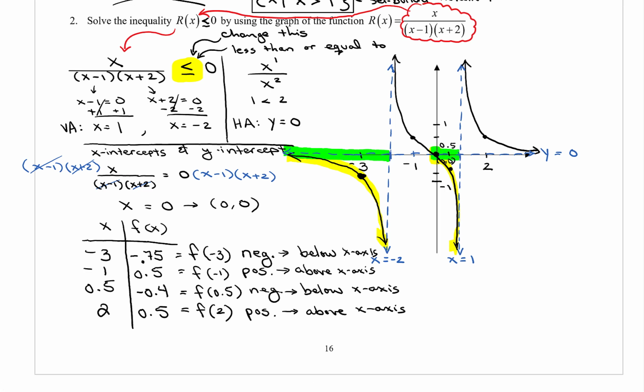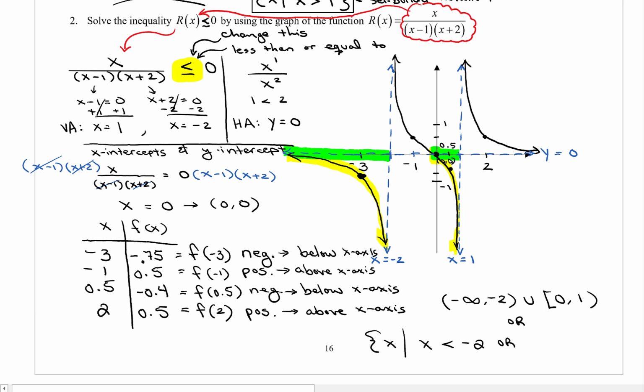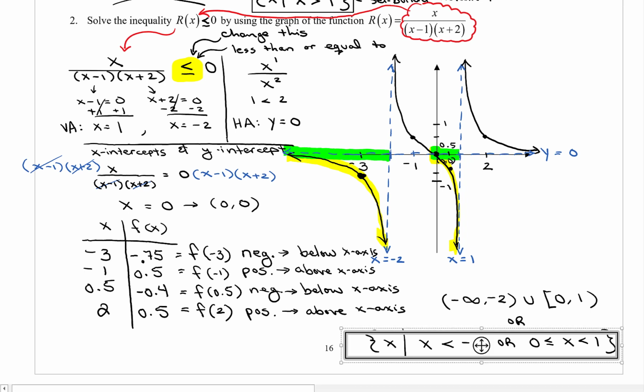So it looks like my final answer here is going to be the open interval from negative infinity to -2, union the half-closed interval from 0 to 1. If I wanted to write that in set-builder notation, that would be the set of all x such that x is strictly less than -2, or 0 is less than or equal to x and x is less than 1. So we could write our answer either way.